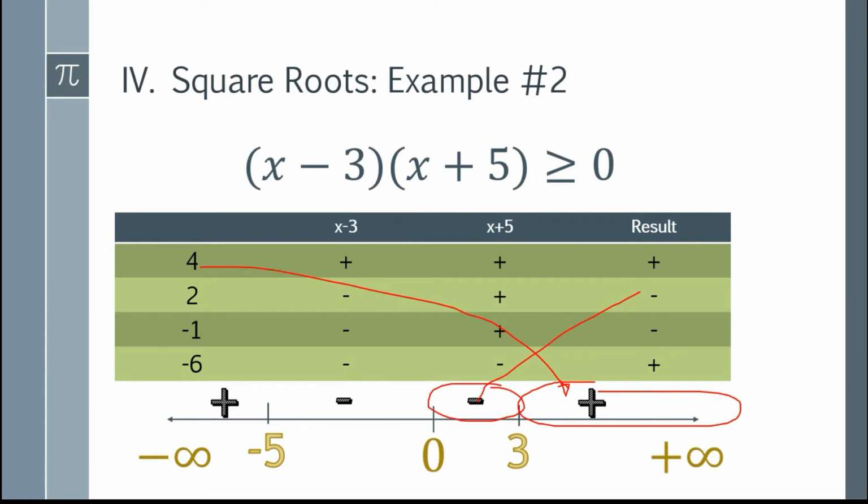At negative 1, so dito siya sa may negative 5 and 0, negative din siya. At may negative 6 tayo. Dahil negative 6, mas mababa siya sa negative 5. Ito yun. So, that will be positive. Iwasan mo yung negative.